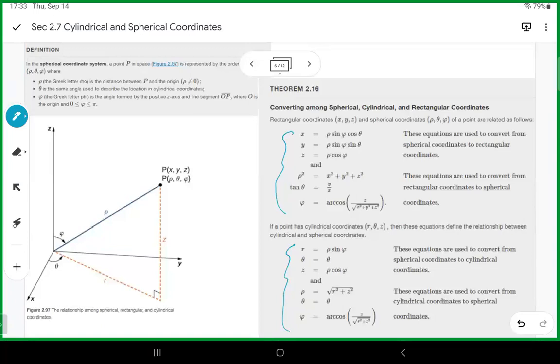So what we're going to do is we're going to use our conversions here to do some examples. I'll wait for the last two students to join. We can write those down.